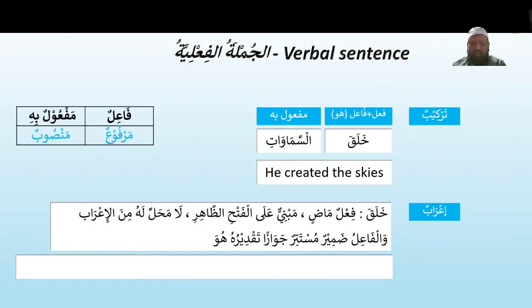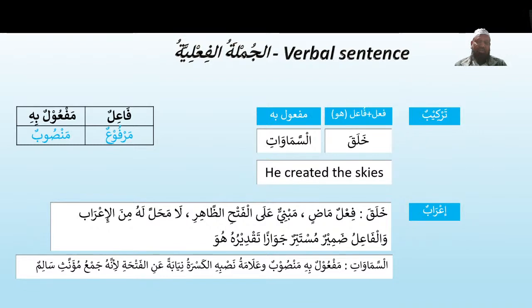إعراب خلق فعل ماض مبني على الفتح الظاهر لا محل له من الإعراب والفاعل ضمير مستتر جوازا تقديره هو السماوات مفعول به منصوب وعلامة نصبه الكسرة.